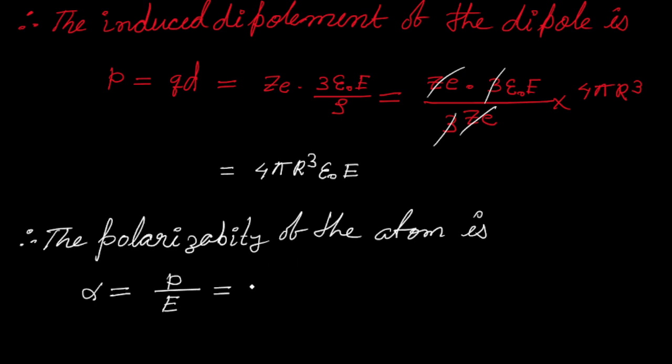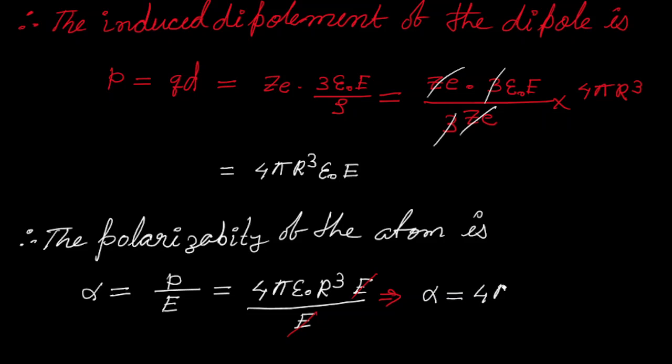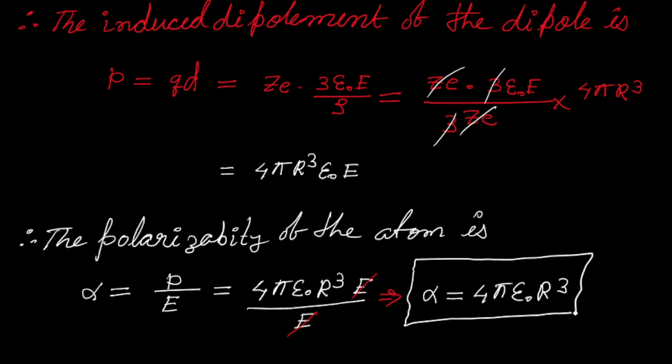So if I divide this, we get 4 pi epsilon naught r cube into E divided by E. Again this E from the denominator and numerator will cancel out. So finally we get alpha is equal to 4 pi epsilon naught r cube. So this is the polarizability of an atom.